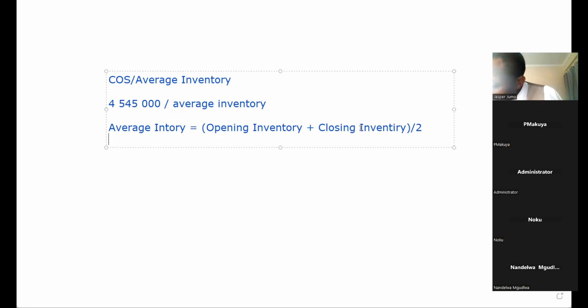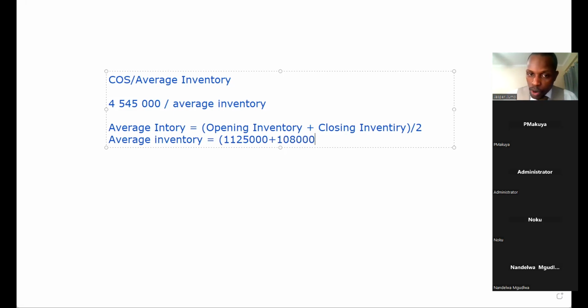If you check in the statement of financial position, we are given figures for 2020 and for 2021. So for 2020, that is our opening inventory, it's 1125, right? So average inventory is equal to 1125 plus our closing inventory, the one for 2021, divided by 2.